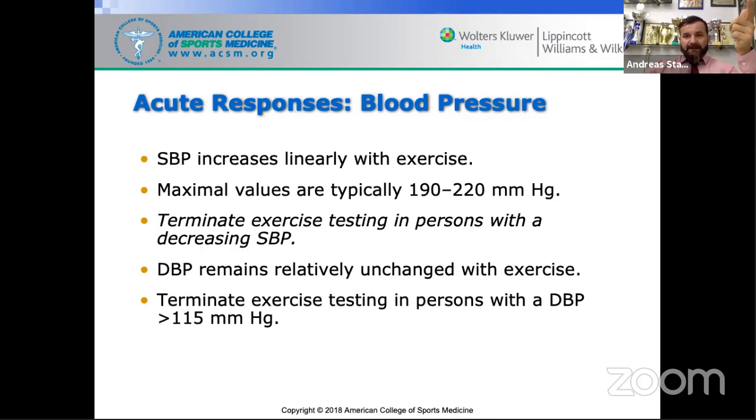If we're measuring that and the SBP is decreasing, that's bad. You stop whatever you told them to do, or if you are the person that's happening to, you stop exercising, and most likely you may need to call an ambulance. DBP doesn't really change, but we need to terminate exercise if it's above 115.